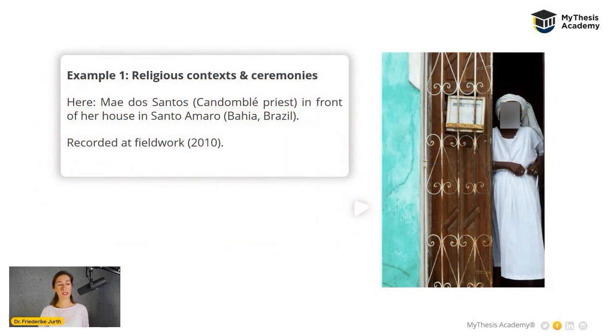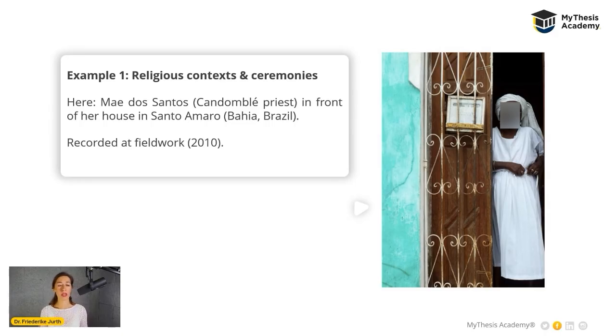So here, for example, I put a photo from a Candomblé ceremony. This is a photo which I recorded during my fieldwork in Bahia in 2010. And this is an example of a religious context and ceremony.